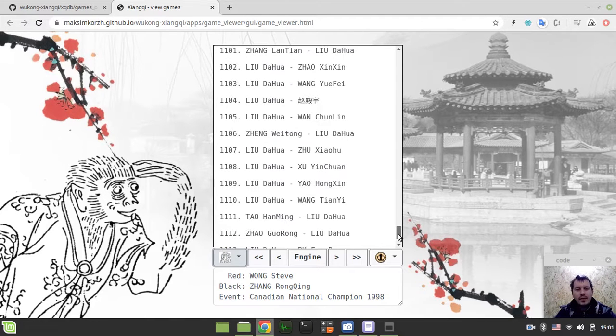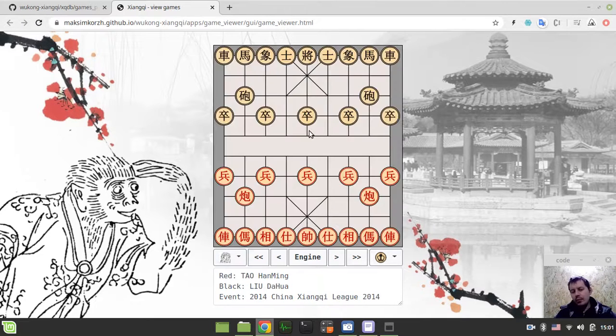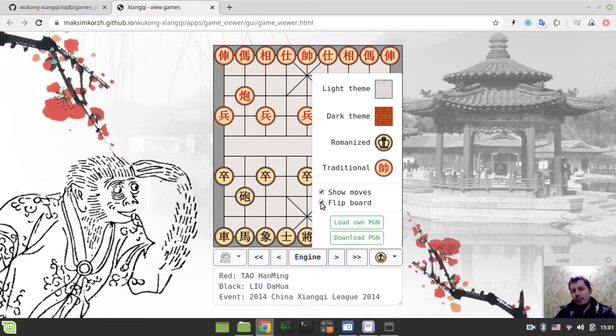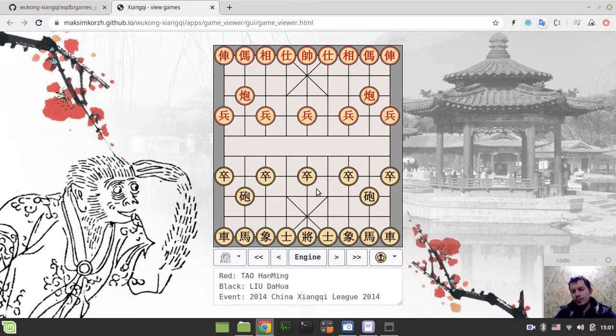So there is a game where Tao HangMing plays versus Liu Dahua, and Liu Dahua plays black, and we can see the board from black's perspective, to see the game with his eyes.